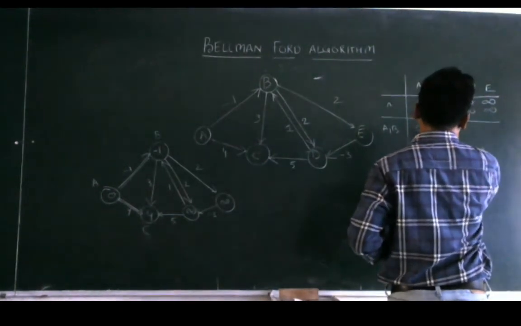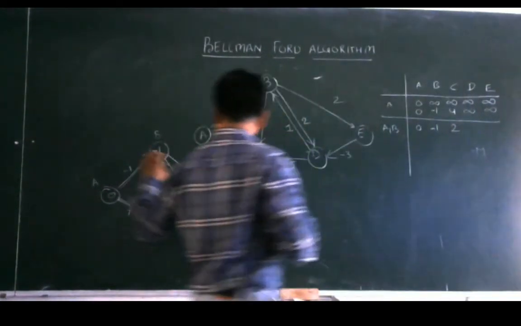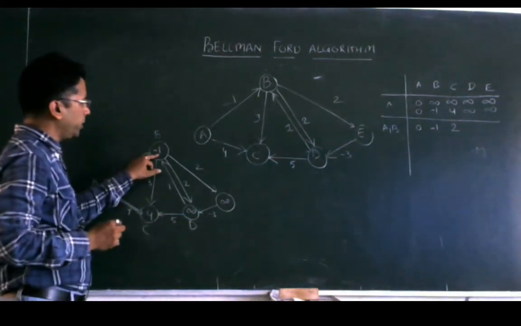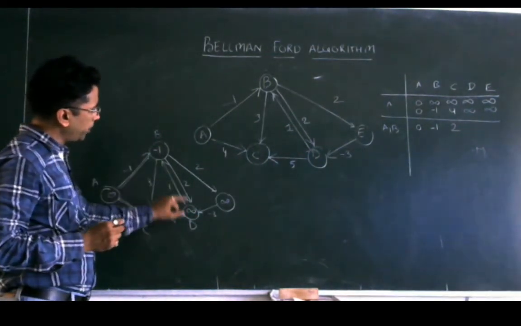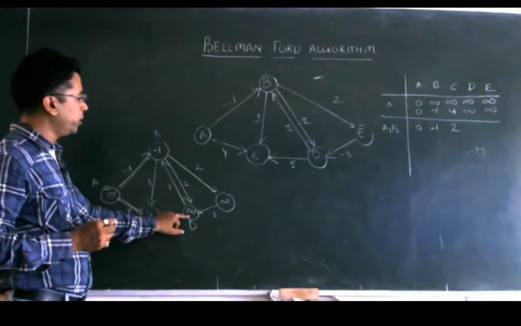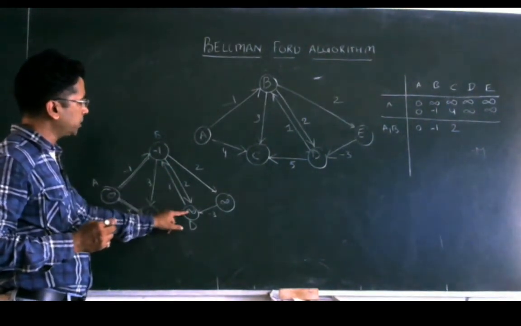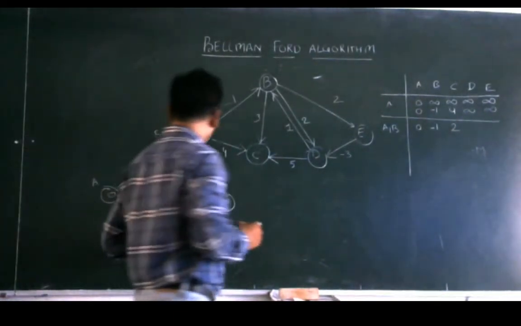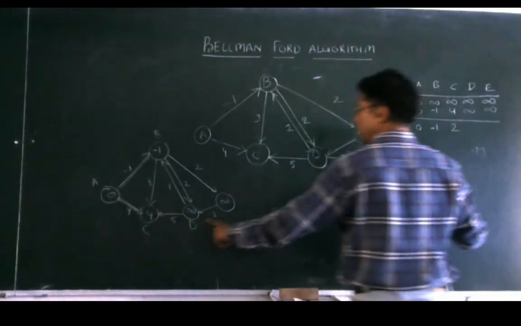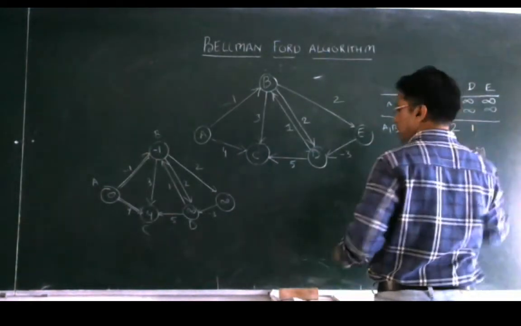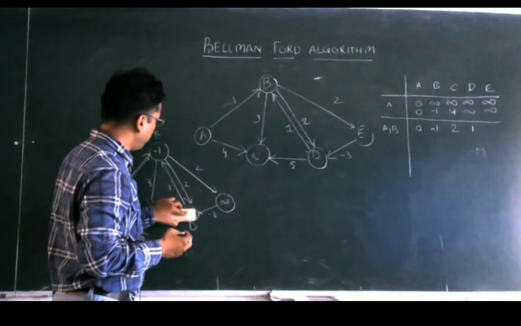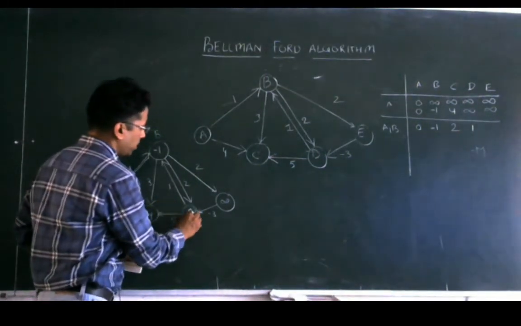0, minus 1. Now the next node D. This node is D. It is also accessible through node B. So minus 1 plus 2, this would be at value 1. This will reach the value of 1. So I shall relax this node to value 1. Okay.